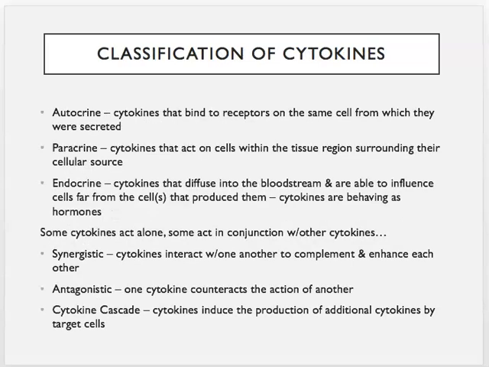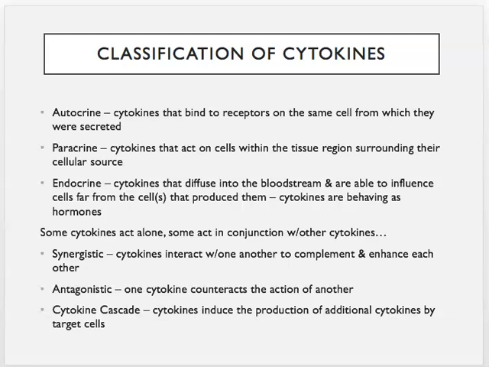So they're classified as autocrine, which are cytokines that bind to receptors on the same cell from which they were secreted; paracrine, which are those that act on cells within the tissue region surrounding the source; or endocrine, which are cytokines that diffuse into the bloodstream, and so they're able to influence cells that are far away from the cell or cells that produce them. So in this context, cytokines are acting kind of like hormones.